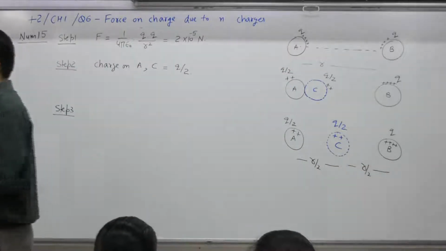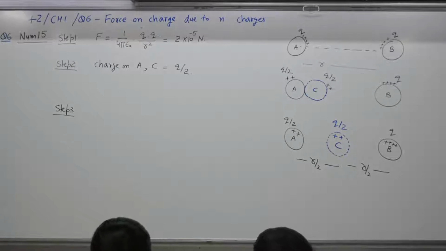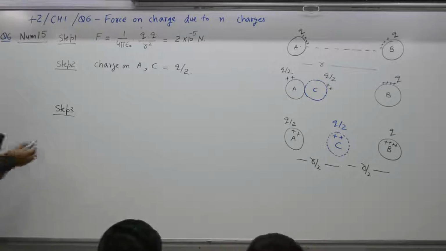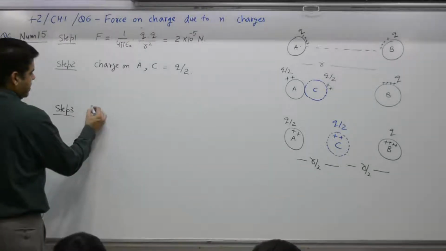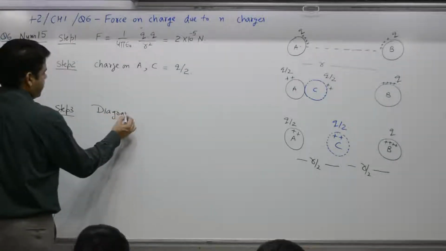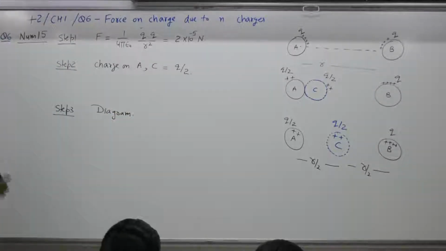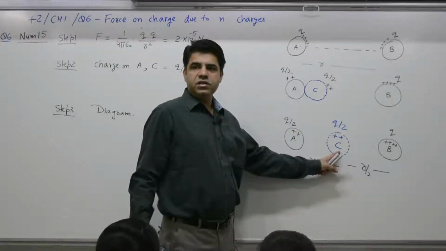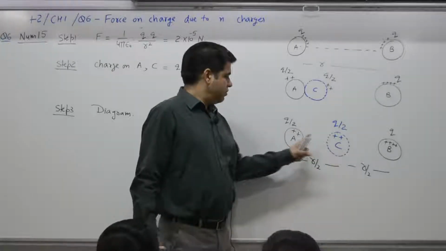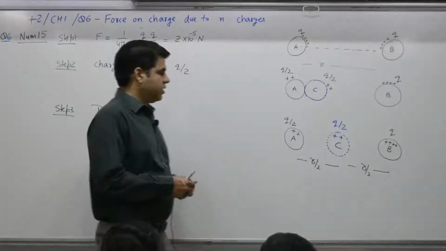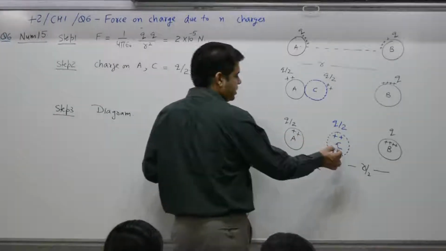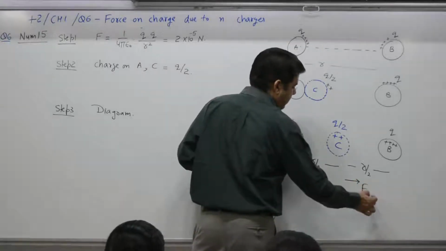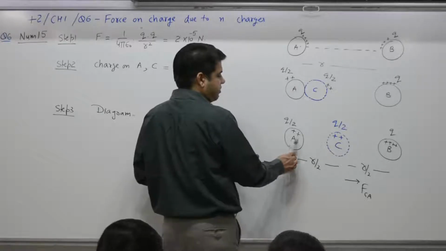Now what? It's a competition question. What is the net electric force on C? Step 3, you can see, is nothing but a diagram. Now you have to find the force on C due to both A and B. The force on C due to A, FCA: this sphere will repel it.